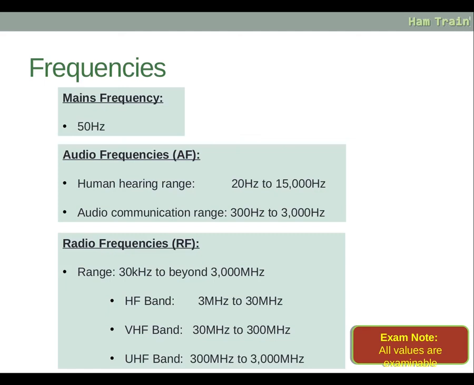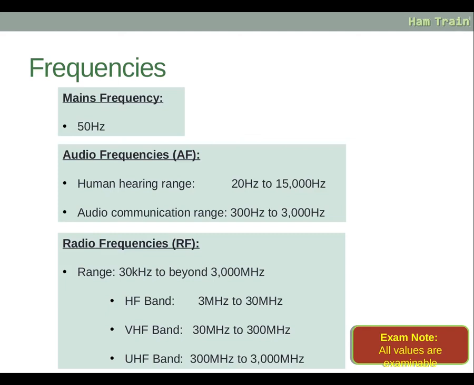The general bands that we will use as amateurs are the HF band, which stands for high frequency band, and these run between 3 million Hz to 30 million Hz. Again, 3 megahertz to 30 megahertz. The VHF band, which stands for very high frequency, runs from 30 megahertz to 300 megahertz.